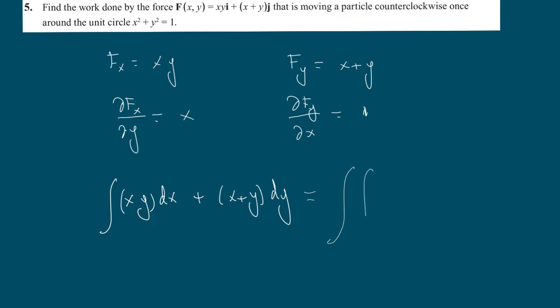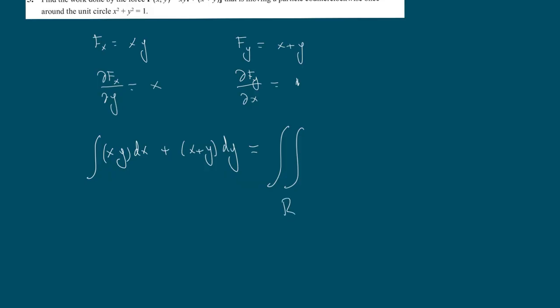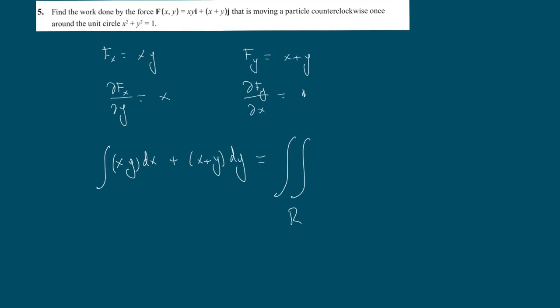This line integral is equivalent to the double integral over the region R, and the region R is the unit circle of radius 1, of the partial derivative of f sub y with respect to x, which is 1, minus the partial derivative of f sub x, the component x of the field, with respect to y, which is x, multiplied by dx dy.